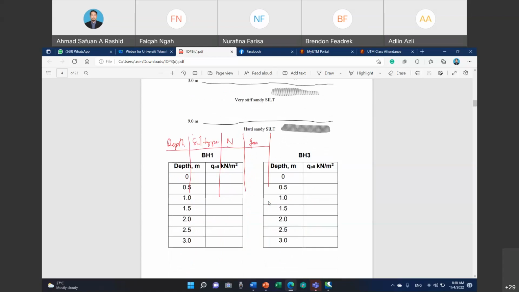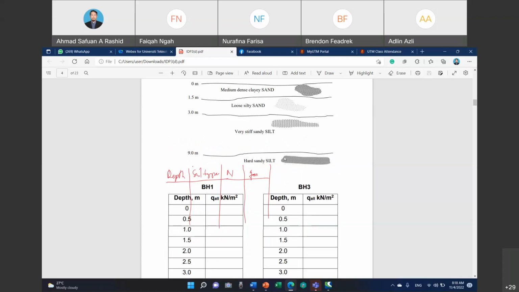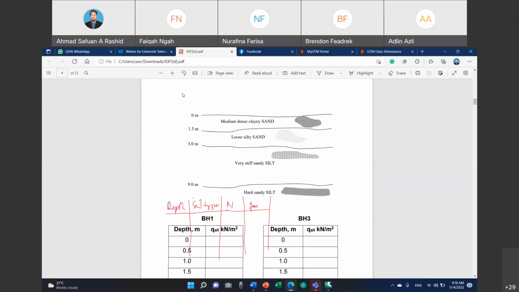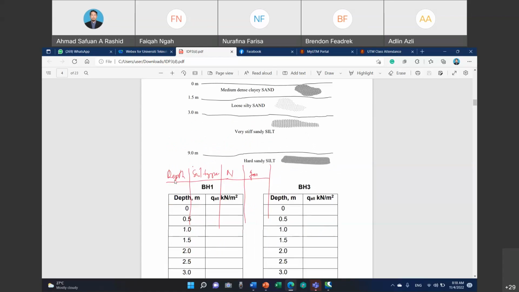So basically untuk selain pada profile, you need to put in the table, for example the depth, the soil type, and the N value, which is gained from the SPT, standard penetration test. This standard penetration test, you can get from the borehole report, or bore log.